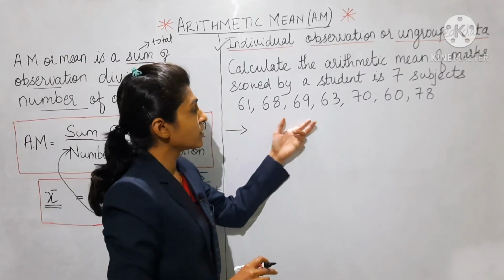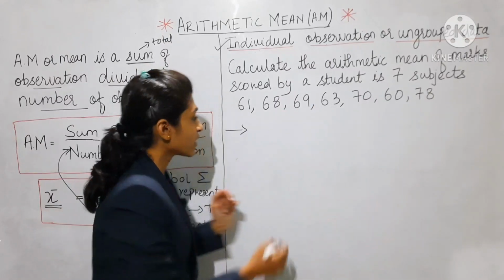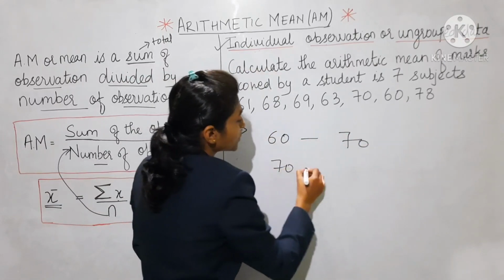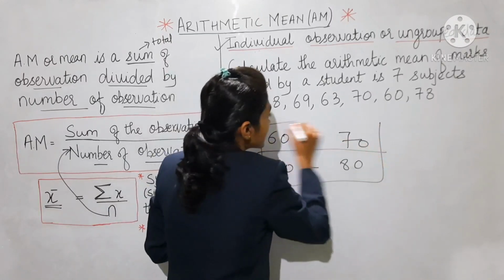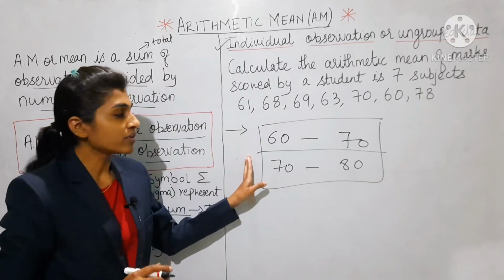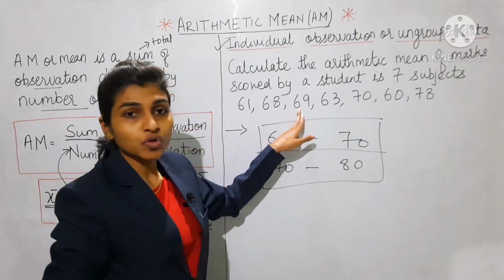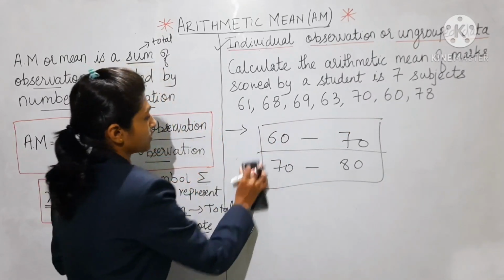Ungrouped means the data is not in a group. For example, if I say 60 to 70, 70 to 80 in a table form, then I can call this group data. But this data is ungrouped because it is individual observation.